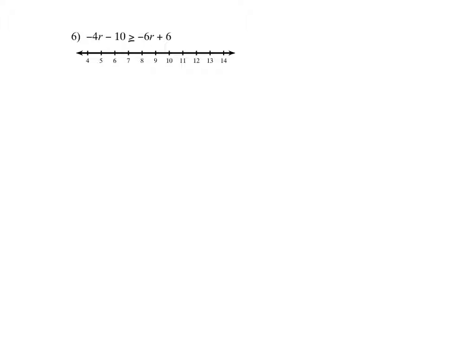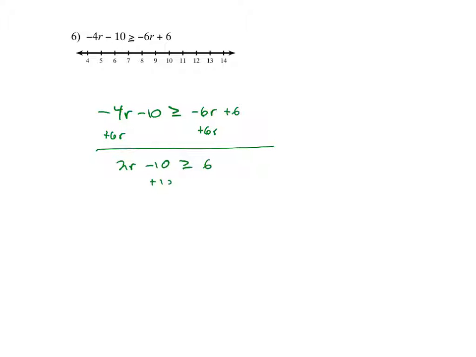So on this one, I have negative 4r minus 10 greater than or equal to negative 6r plus 6. So let's write it down here so we can work with it. I'm going to start by adding 6r on both sides. So I have 2r minus 10 greater than or equal to 6, plus 10. 2r is greater than or equal to 16.